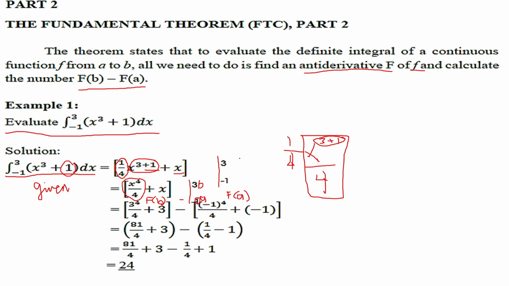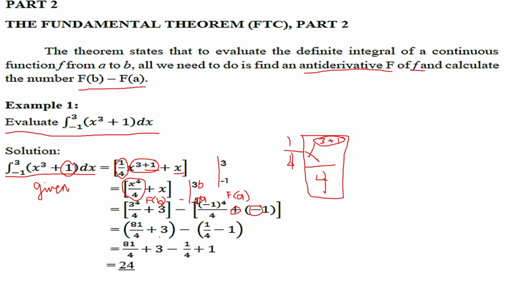So in here, you will get 3 raised to 4 over 4 plus 3. You will just substitute the value of b, minus the value of a. It will be negative 1 raised to 4 over 4 plus negative 1. So if you make this 3 times 3 times 3 times 3, 4 threes, it will be 81 over 4 plus 3, minus negative 1 times negative 1 times negative 1 times negative 1, it will be 1 over 4, minus, because positive times negative is negative, 1.